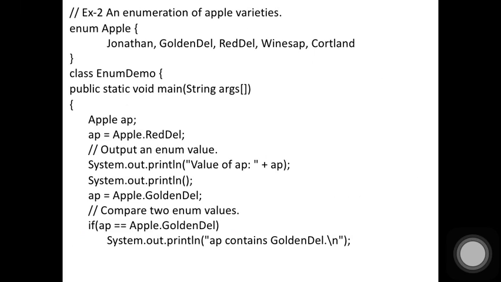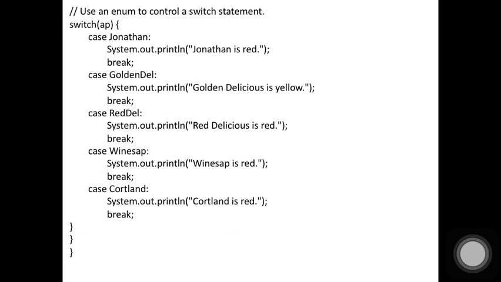I can assign some more names to it, and I can go for comparison by means of an if statement: if AP equals Apple dot Golden Delicious, and both are the same, we get the message on the screen like this. And we can have a switch statement. There we pass AP and get the output based on the value AP has. It works the same as a normal switch.